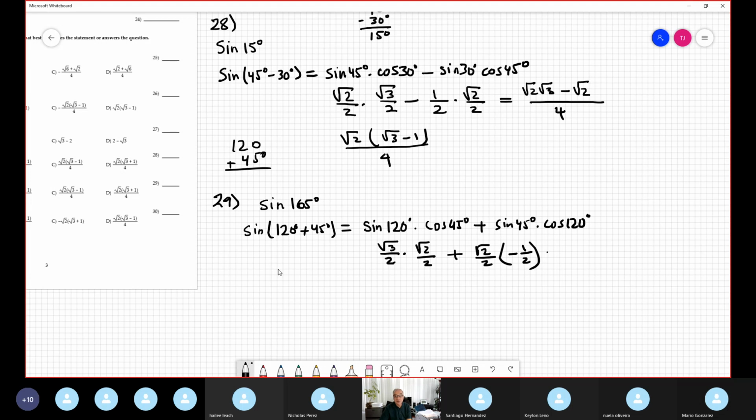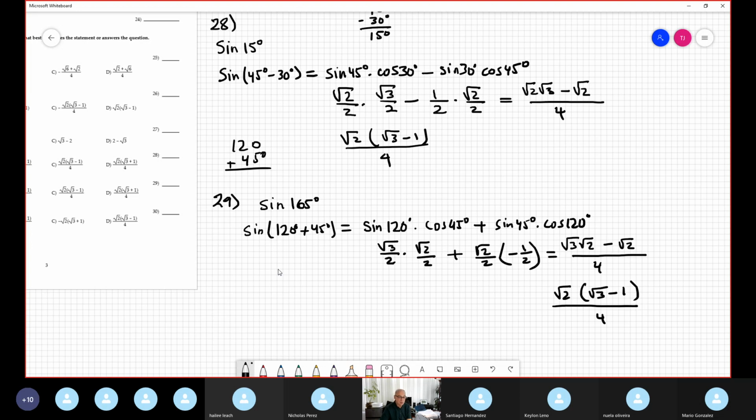So now again multiplication, 2 times 2 is 4 in the denominator. Radical 3 radical 2, minus radical 2. If you want, factor radical 2 outside: radical 3 minus 1 divided by 4.